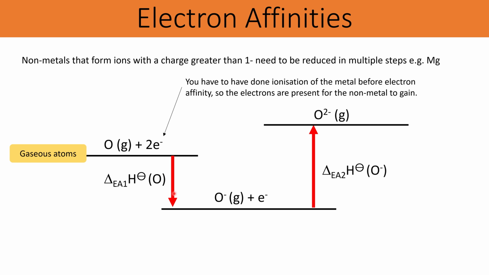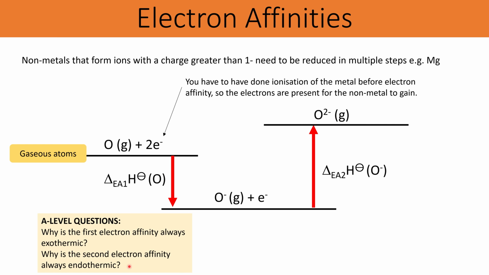However, when we carry out the second electron affinity, we actually find that this is an endothermic process. And this is an endothermic process because you're giving an electron to an already negatively charged ion. That incoming electron is going to experience repulsion because you're trying to force it into an already negatively charged ion. So it's not going to want to get near it.